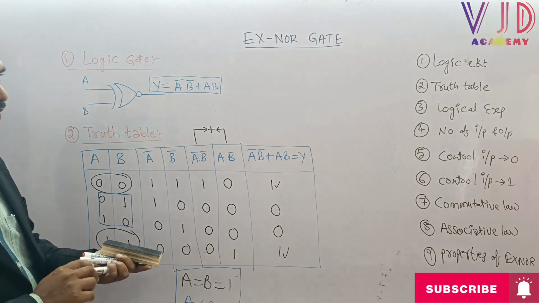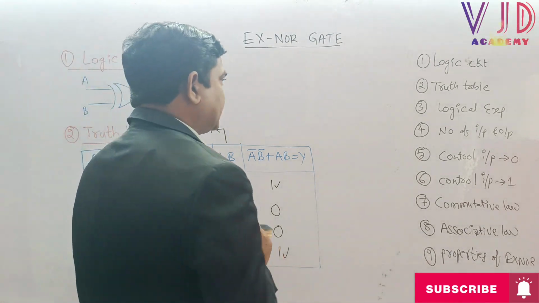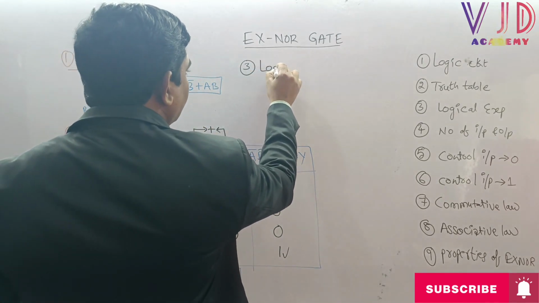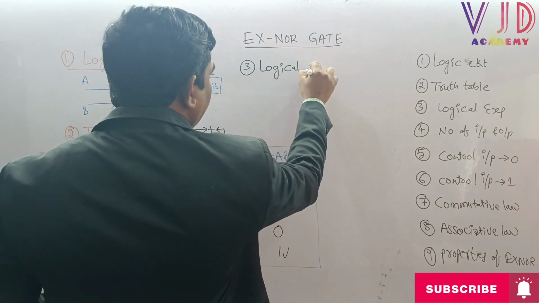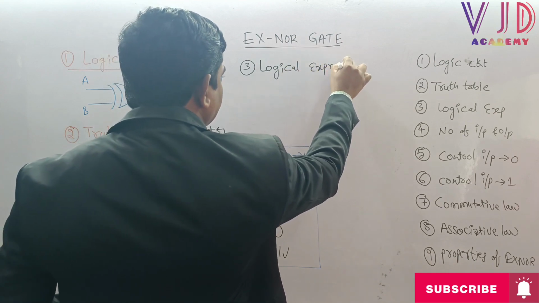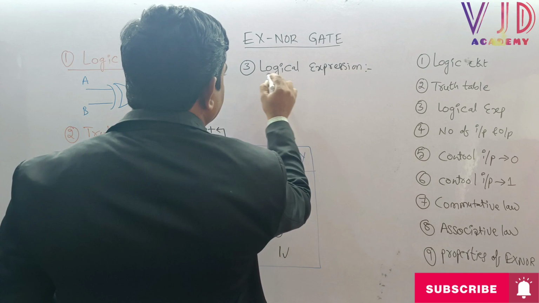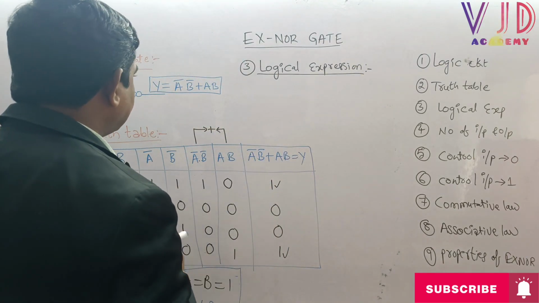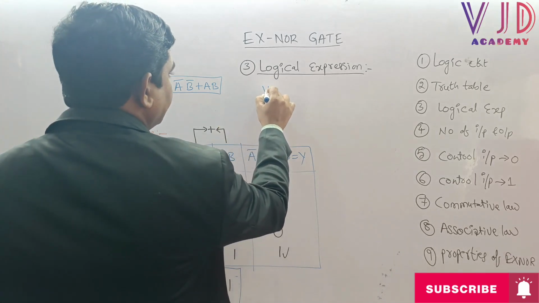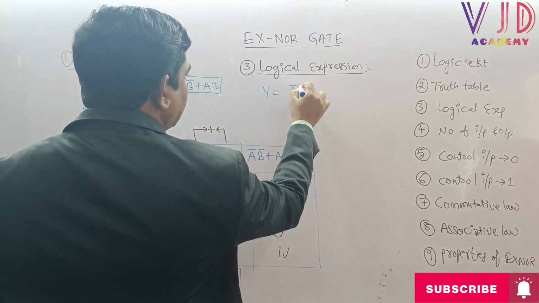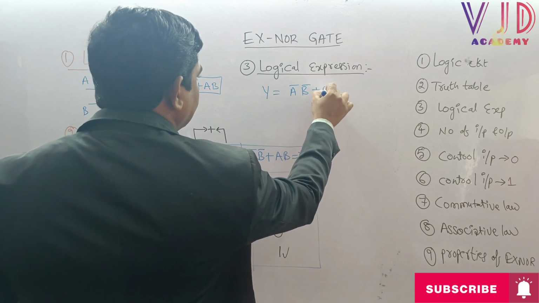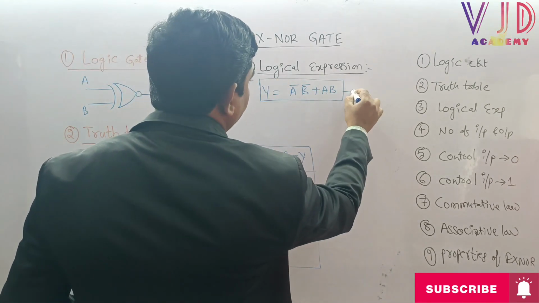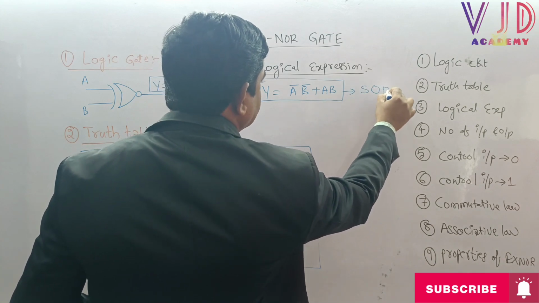And coming to the third point, the third one is the logical expression. Sir, the logical expression of the XNOR gate will be like this. We have seen in the logic gate circuit that y equal to A bar into B bar plus A into B. This is the SOP, sum of products form.